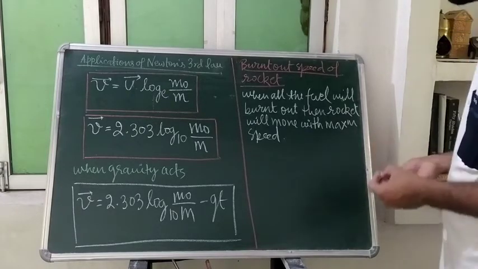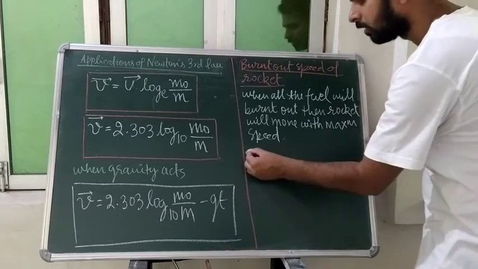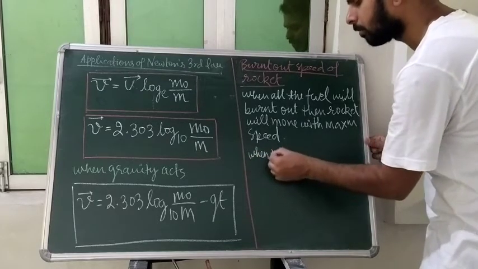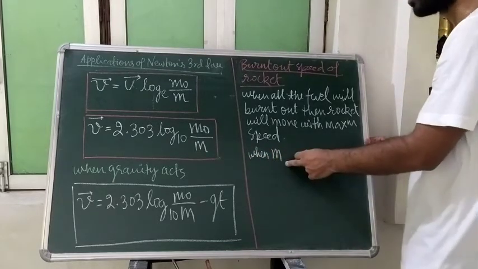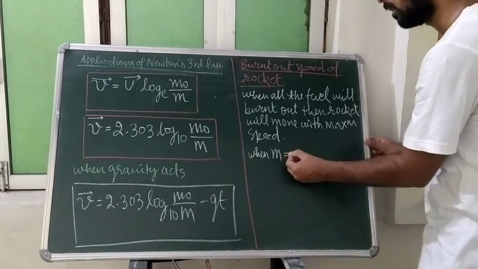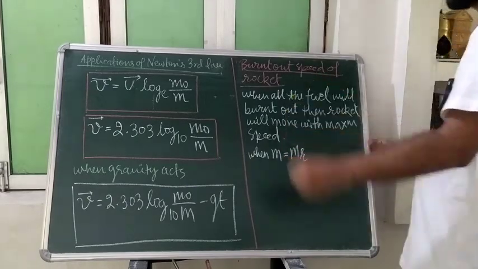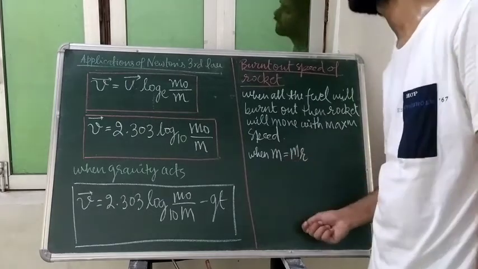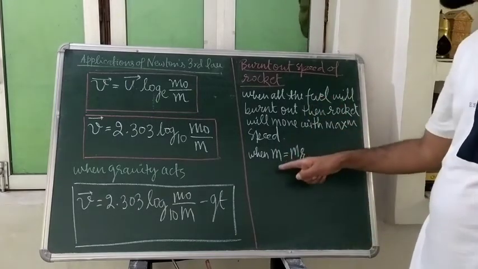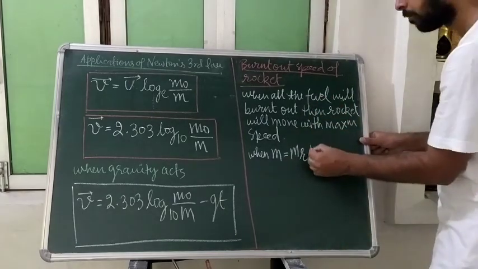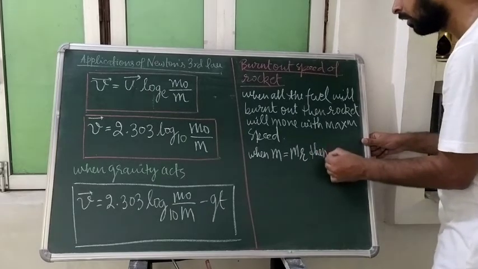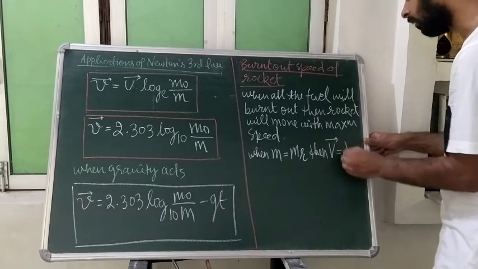So when the mass of the rocket at any instant is equal to mr, the residual mass of the container of the rocket, so when m will become mr, then the velocity of the rocket will become v max.